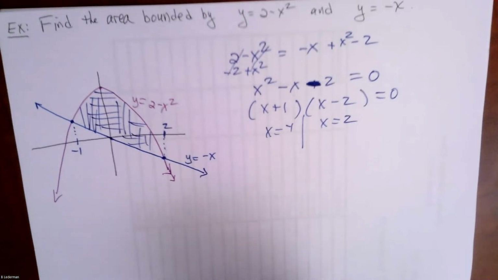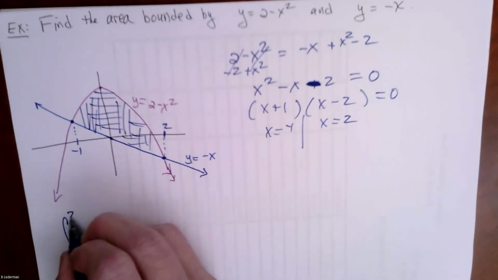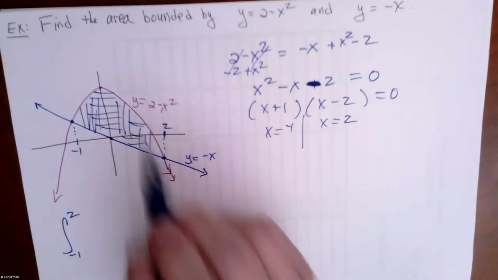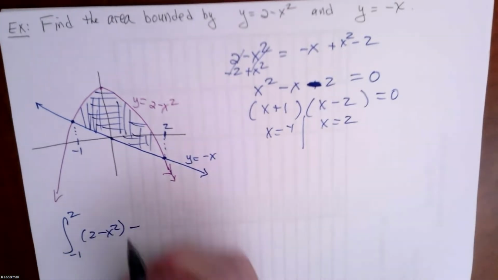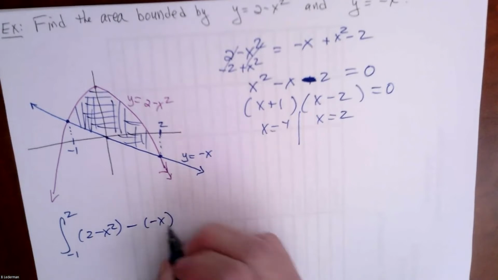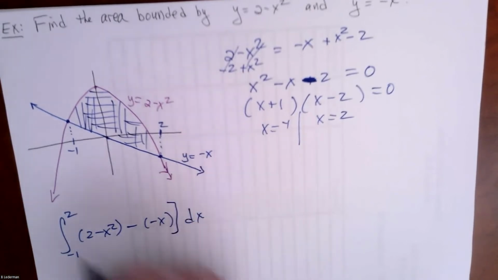So I'm looking at the integral from -1 to +2 of the purple parabola, which is 2 minus x squared, minus the blue line, which is -x, and all that is inside my integral. I'll put it in big parentheses right there.